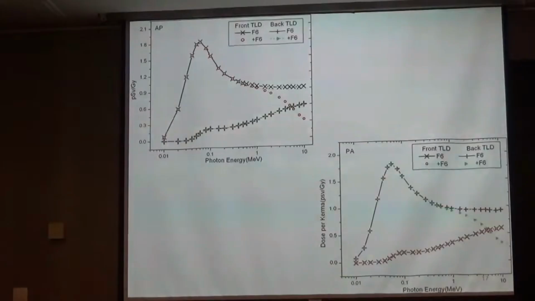In photon energy above 500 keV, the absorbed dose estimated by the plus F6 tally decreases when TLDs are directly exposed to photons, such as the front TLD in AP and the back TLD in PA.